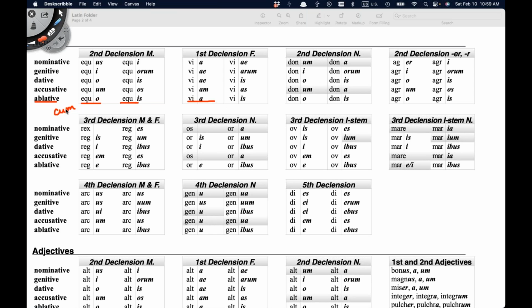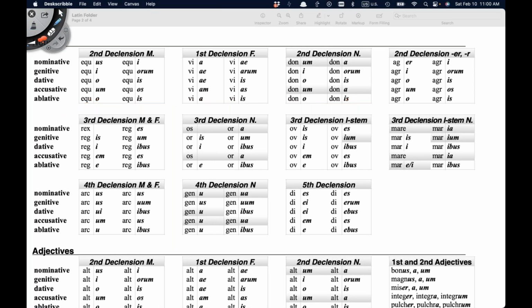We wouldn't actually use the preposition. That's something we'll get into later, but for now, just for example purposes, let's change it to in. We are in the road. That would make more sense. In via, in viis, we are in the roads. And in dono, in the gift, in donis, in the gifts.